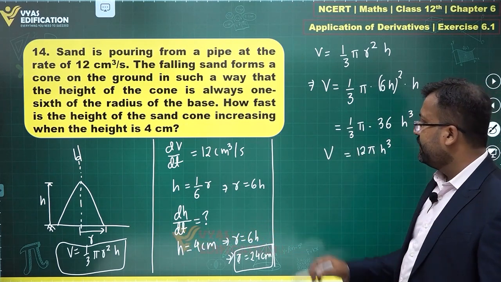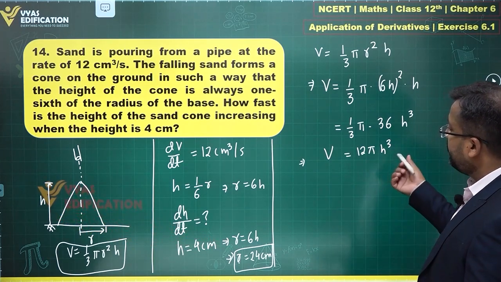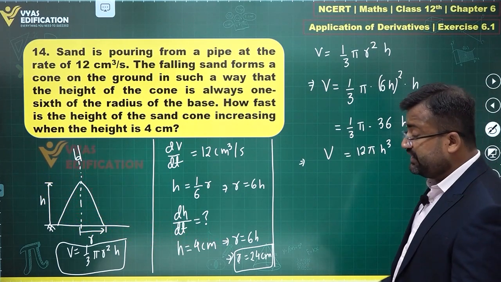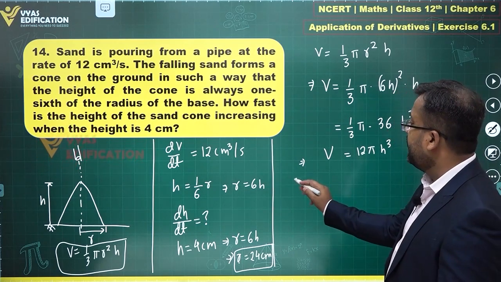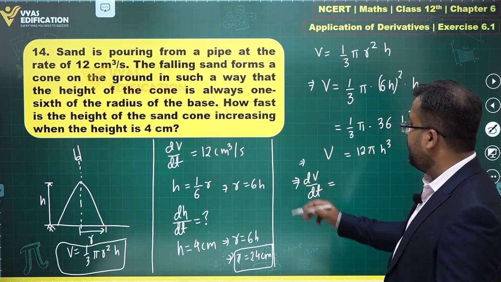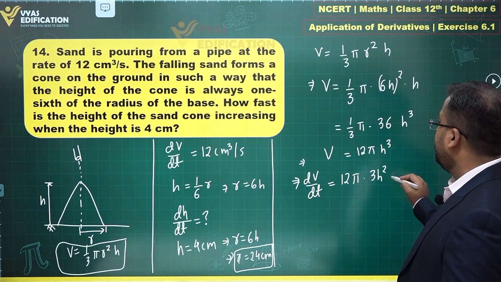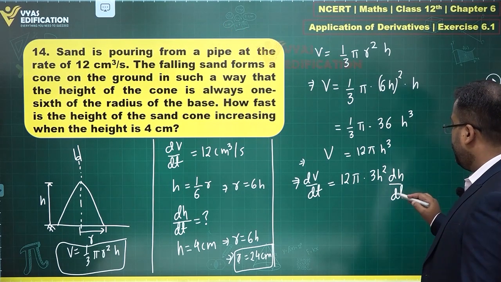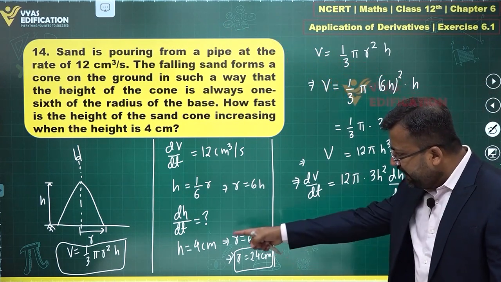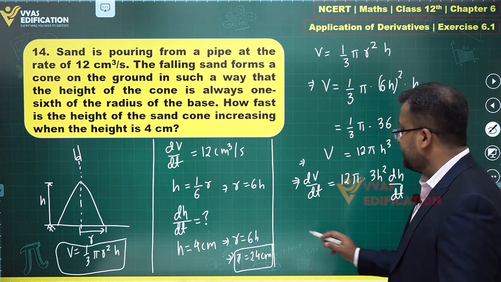This is V. Next, let us differentiate this volume with respect to t. Therefore, dV by dt is equal to 12 pi times 3h square dH by dt. And we can find dH by dt very easily.